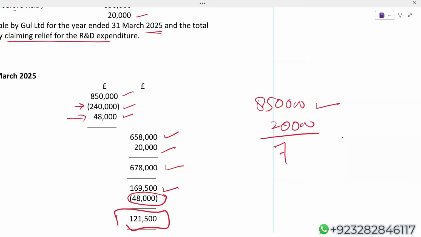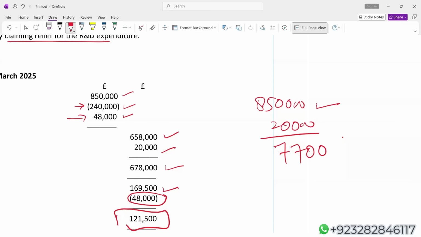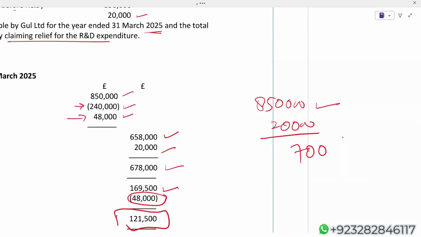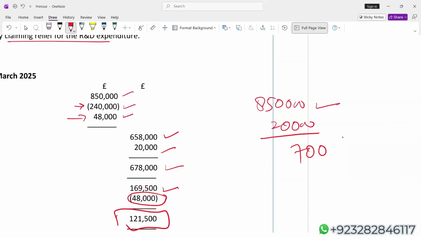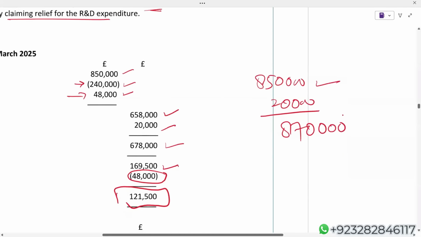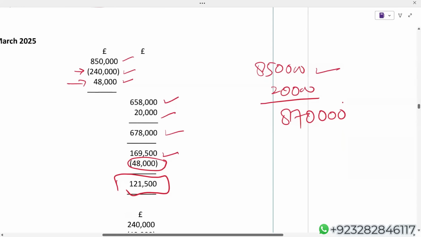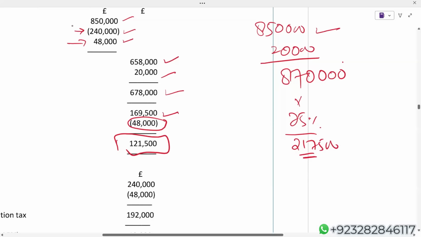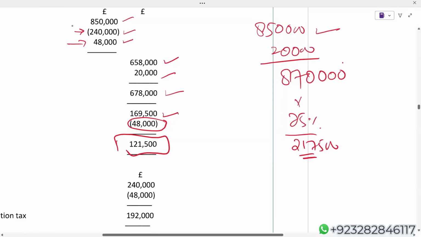So your total taxable profit is 870. Simply apply 25% of that. I'm getting 2 lakh 17,500. So if there was no R&D at all, your corporation tax liability would have been 217,500.